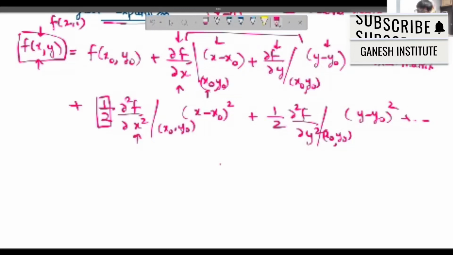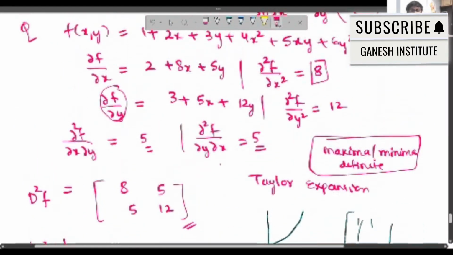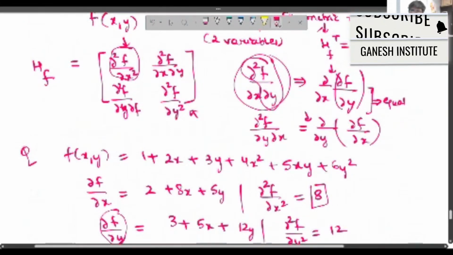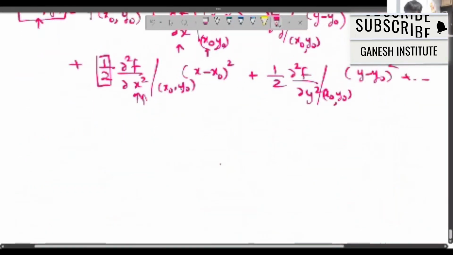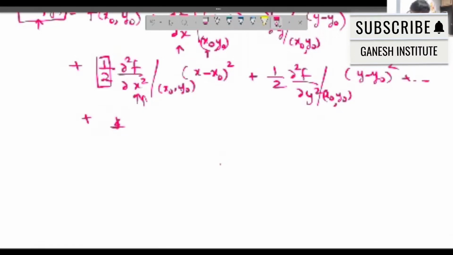Now tell me, we are done with. Okay, tell me, am I missing here something from the Hessian matrix? Any element? Let me show you, ma'am. Hessian matrix. Oh yeah, cross derivatives. So we are not putting half here because it is a single term. So what it will be? D2f by dx dy.